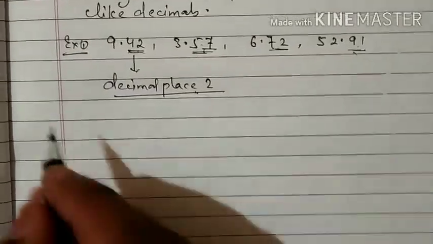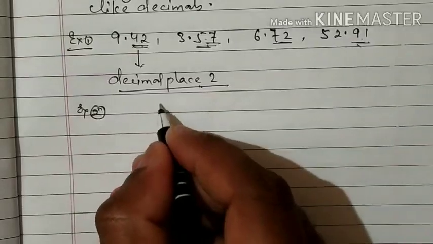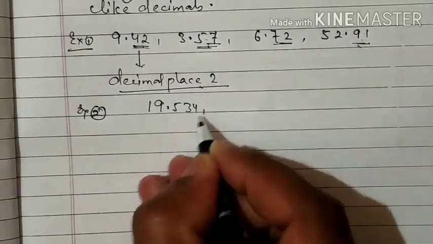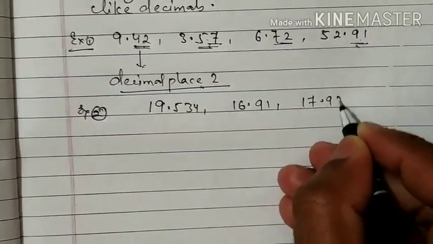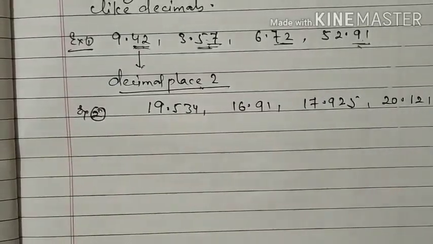Let's take one more example: 19.534, 16.91, 17.925 and 20.121.